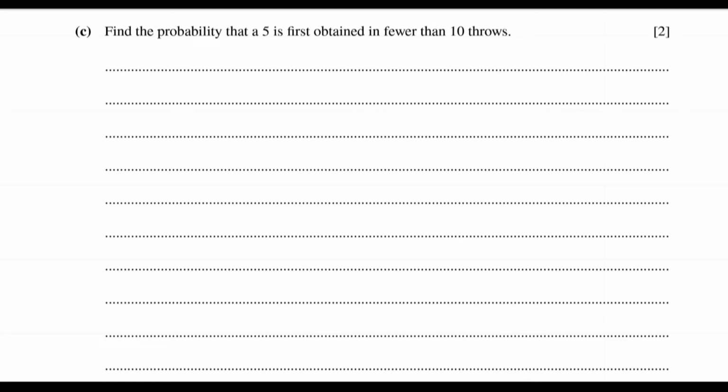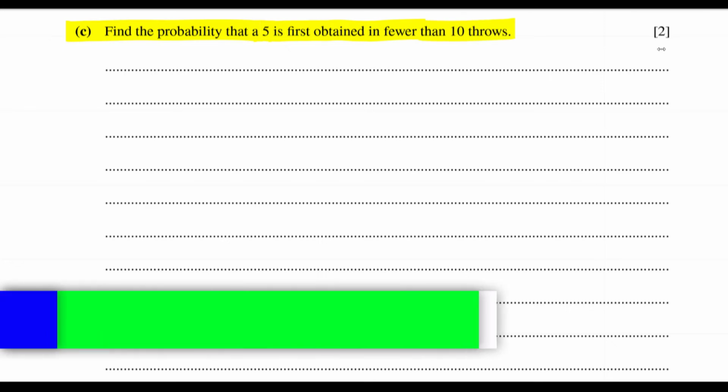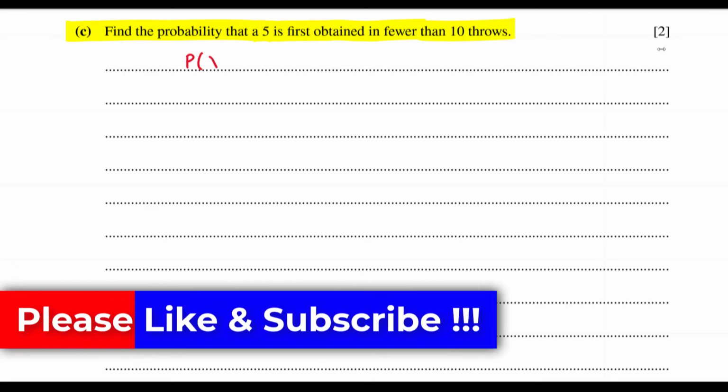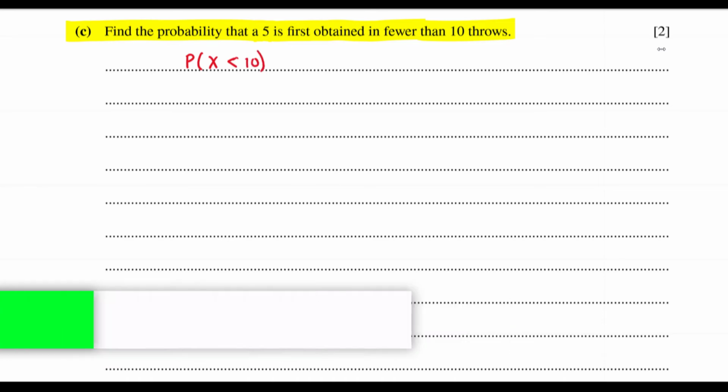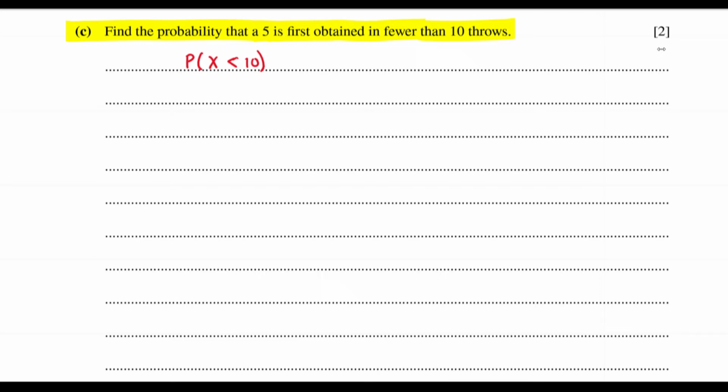And here's the C part. Find the probability that a 5 is obtained in fewer than 10 throws. So here we need to find the probability of x less than 10, because we need the probability of getting a 5 in fewer than 10 throws.